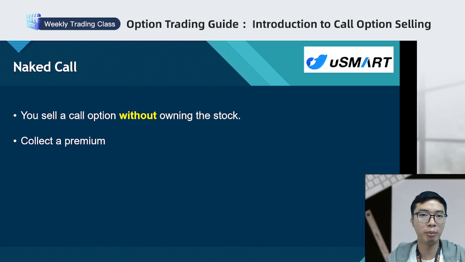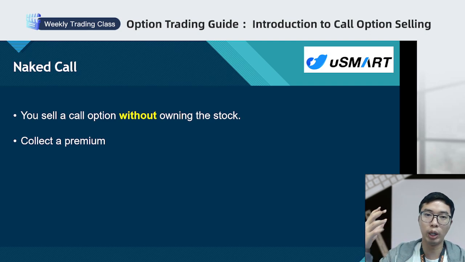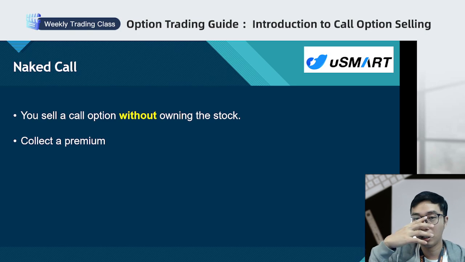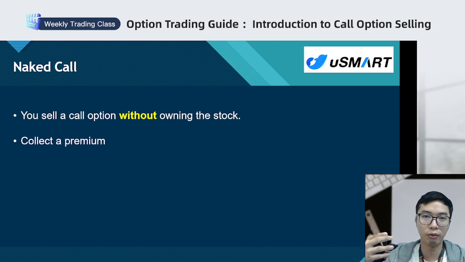For call buyers, the returns are unlimited and the risk is limited. But for call sellers, we aim to earn the premium only, and our risk is unlimited. However, we can limit our risk with what is called a covered call, which I will explain in the next few slides.